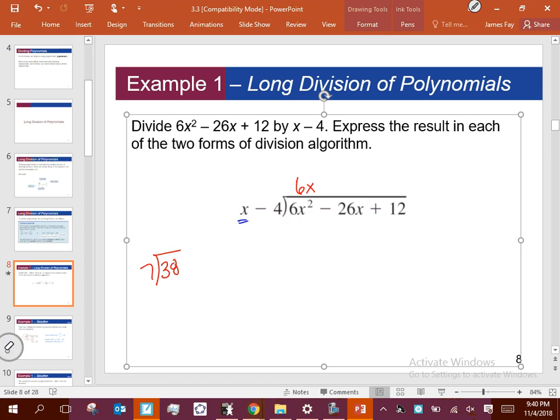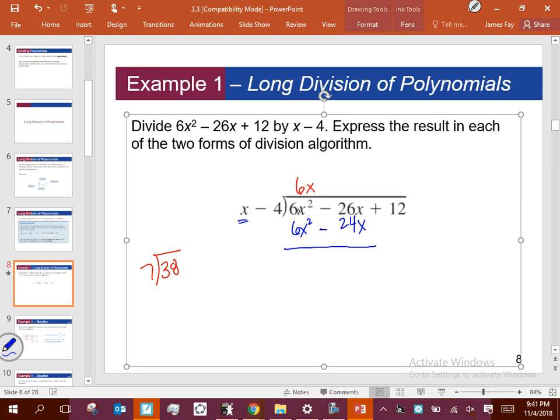Don't really worry about the minus 4, and then everything else should fall in line. So 6x times x gives me 6x squared, and 6x times negative 4 gives me negative 24x. Now we line our terms up.